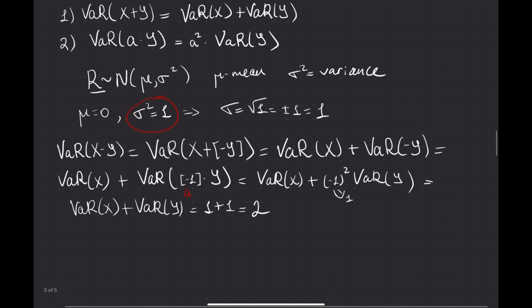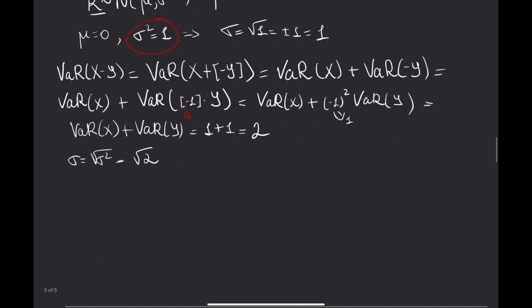And it follows that the standard deviation is the square root of the variance, which is equal to the square root of 2. And now we've found the standard deviation and the variance of the difference of two random variables.